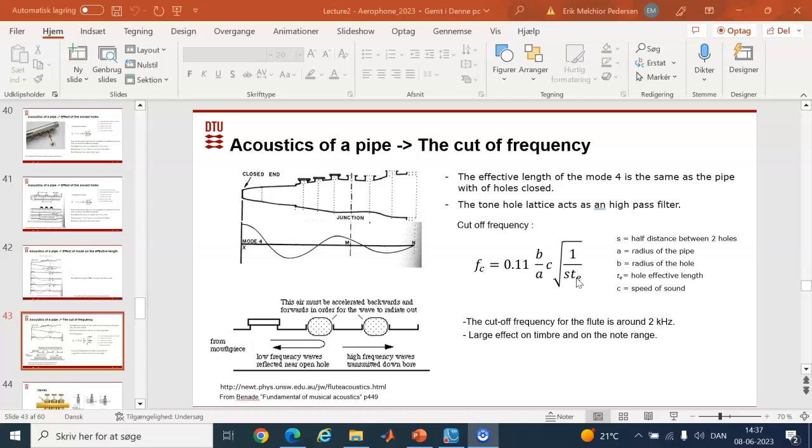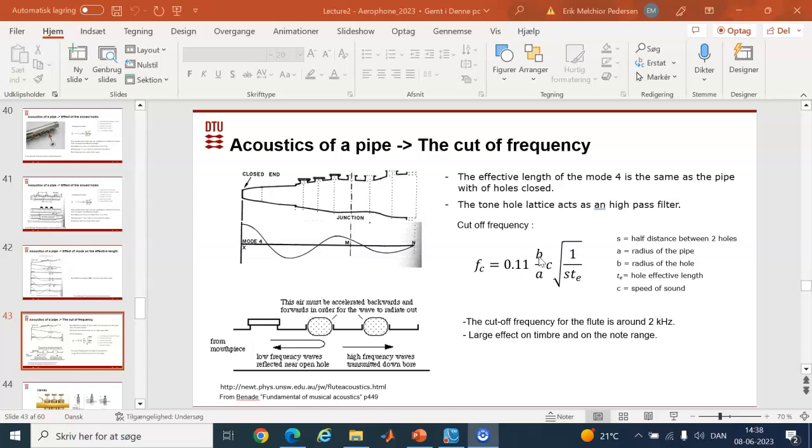That means that if B, the radius of the hole, is increasing, FC will increase, or if radius A is decreasing, then FC will also increase.